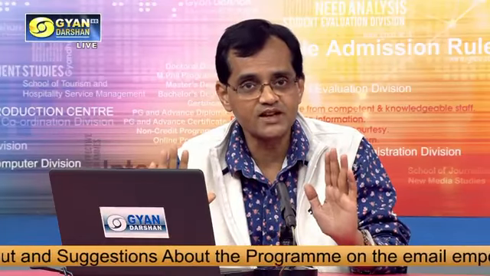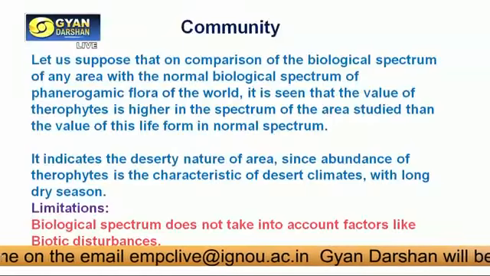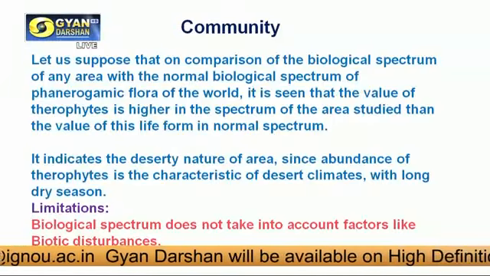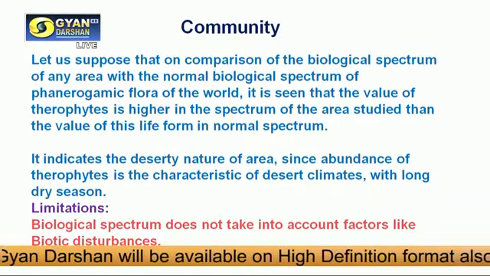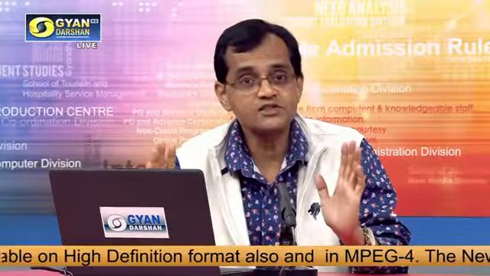As I told you, by looking at the percentage of each of these life forms, you get an idea about the nature of the habitat. But if you find that in a particular area in the Indo-Gangetic plain the percentage of therophytes is higher, it can happen, though it is not the usual case.